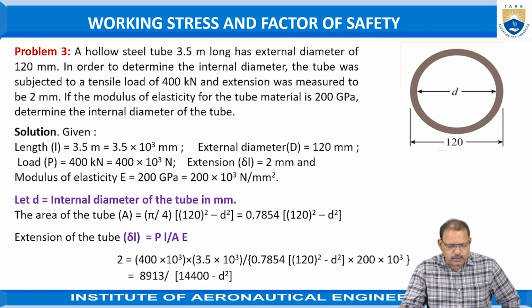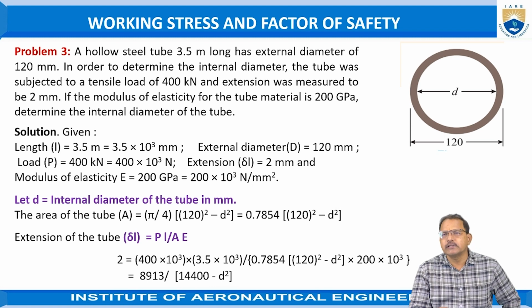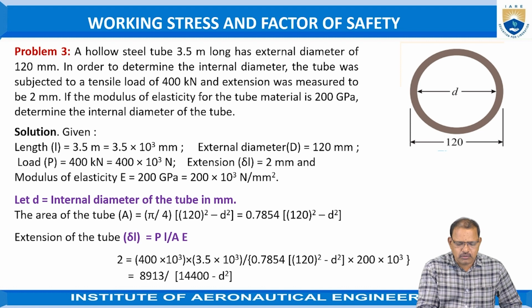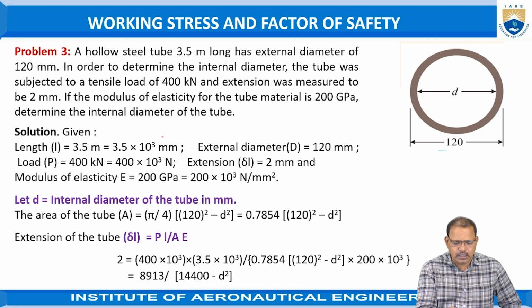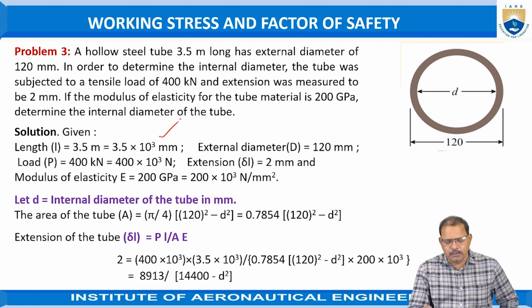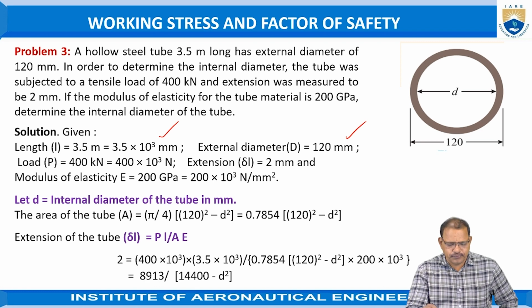The given data in the problem is the length of the tube, 3.5 meters, but we are expressing all the dimensions in terms of millimeters only. Hence, it is equal to 3.5 into 10 to the power of 3 mm. External diameter is equal to 120 mm. Load applied is 400 kilonewtons, which is 400 into 10 to the power of 3 Newton.